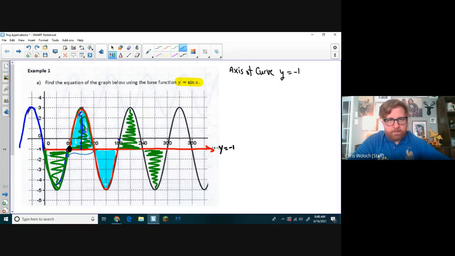Every square is 1, so from here to here it's 1, 2, 3, 4. And for this one, 1, 2, 3, 4. So my amplitude is 4, so my A value is 4. Okay, cool.